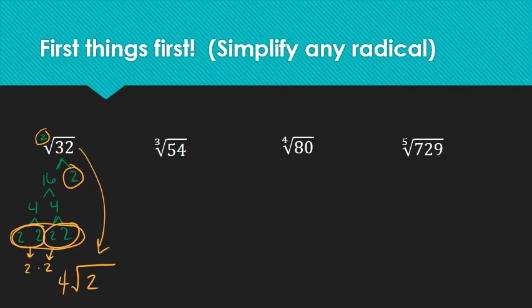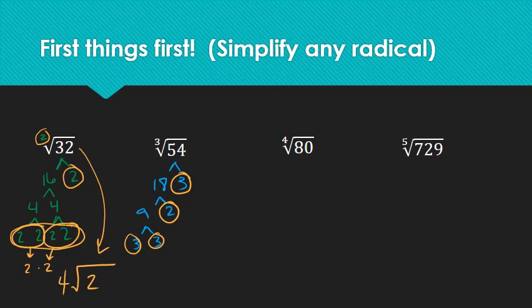Similarly, that's going to work the same with a cube root. I'm just going to start breaking down 54. So I'm going to use maybe 18 and 3. The factors of 18 are 9 and 2. And I'm going to keep going, so this will be 3 and 3. Again, the factors I'm looking at are this 3, this 2, this 3, and this 3.